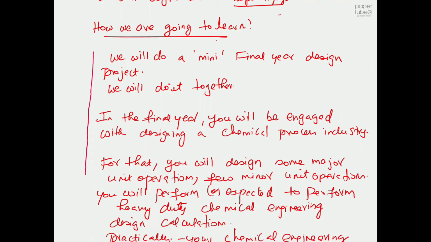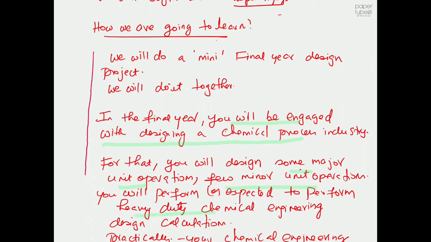What you will do in the final year will be engaged with some design project. It will be designing your chemical process. For that, you will need to design some major unit operations, and then some minor unit operations, and obviously you will perform a lot of heavy duty chemical engineering design calculations.